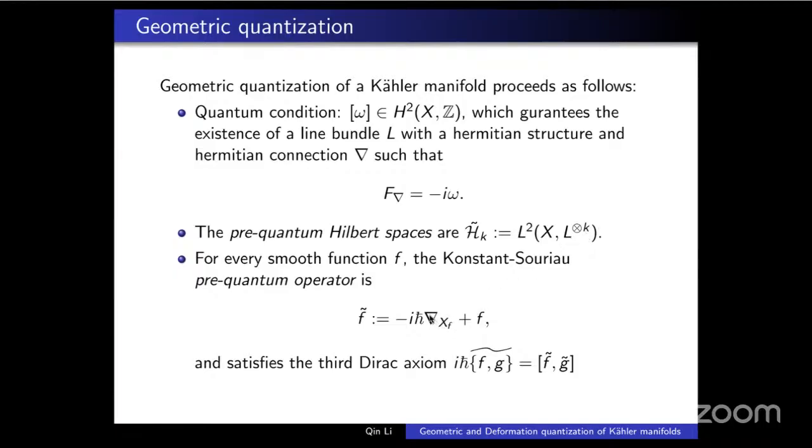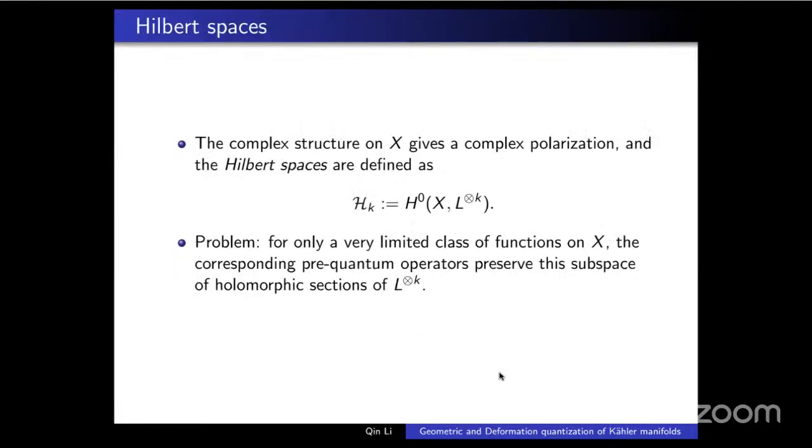It is multiplied by the connection along the Hamiltonian vector field associated to f acting on a section. You can easily check that this assignment from f to f tilde satisfies the third Dirac axiom. Namely, you take the commutator of f tilde and g tilde, and up to a constant, that is the operator corresponding to the Poisson bracket of these two functions.